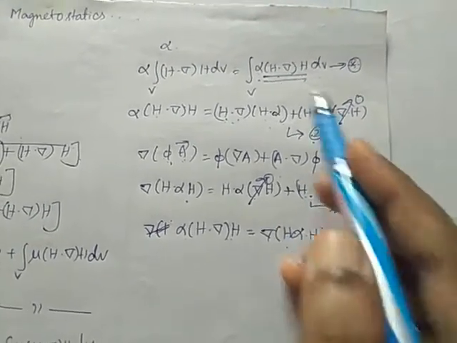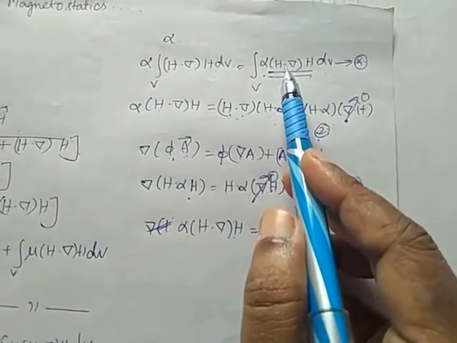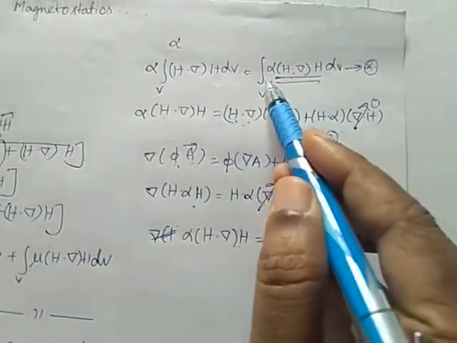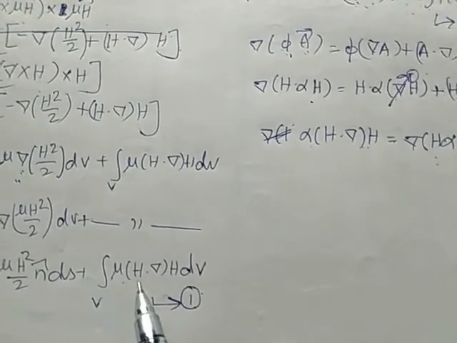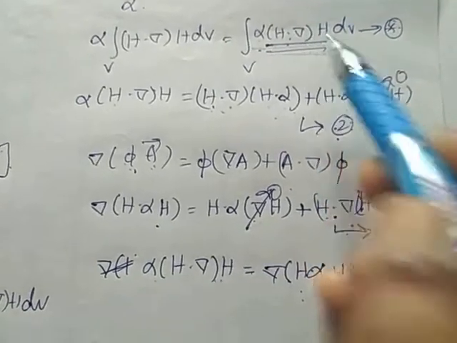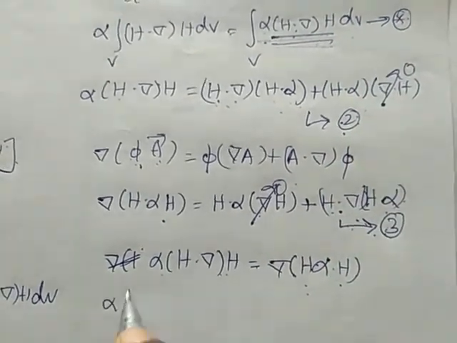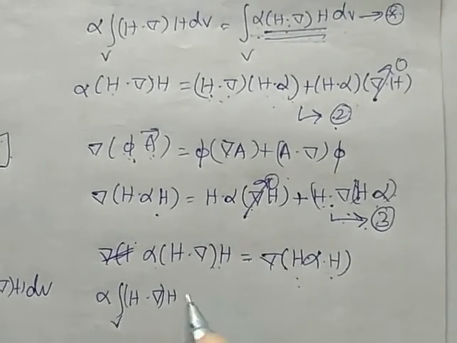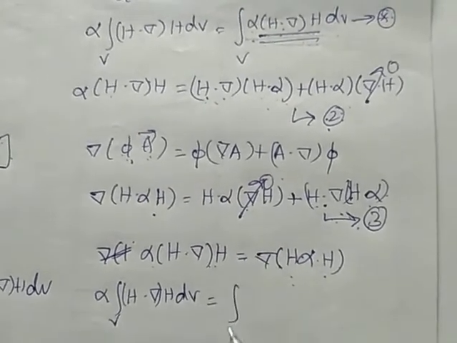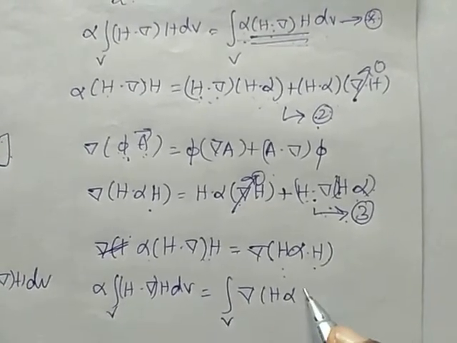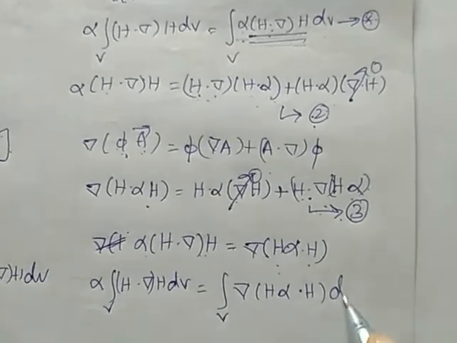So I am going to substitute this in this equation, which is the same as our equation 1, mu of h dot del h dv. Our equation star becomes integral of alpha h dot del h dv is equal to integral of del h alpha dot h into dv.